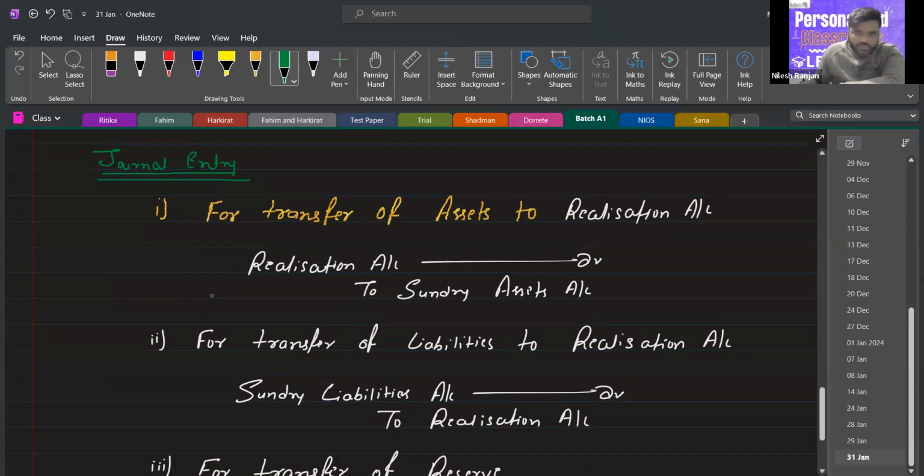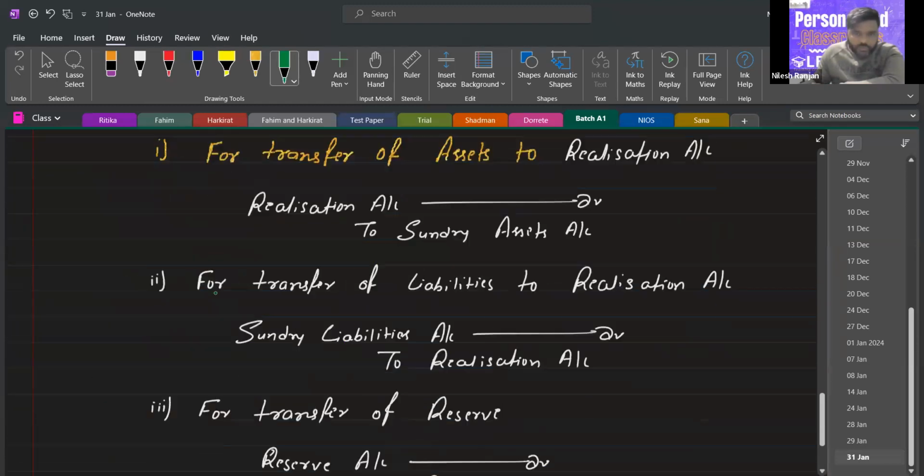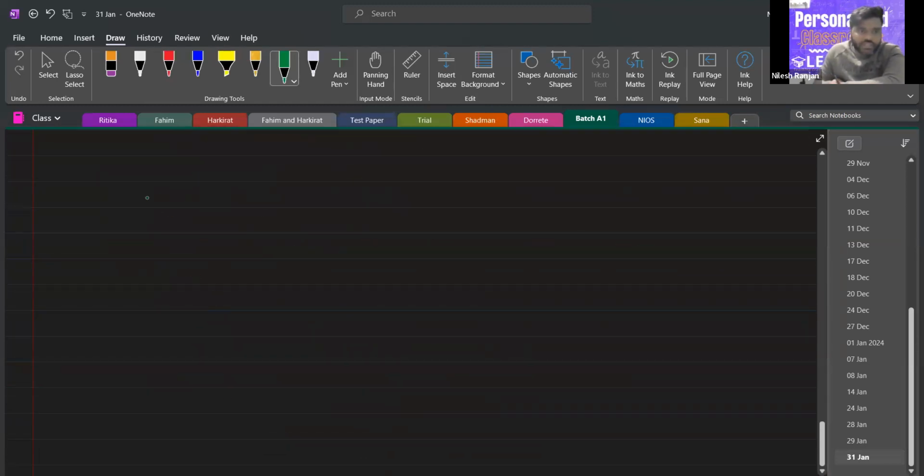Okay, so now we have completed the transfer part. The second step is realization part, means sale of assets. So entry number 4 is for sale of assets. Can you tell me what will be the entry here? Actually, I think you have studied this chapter.